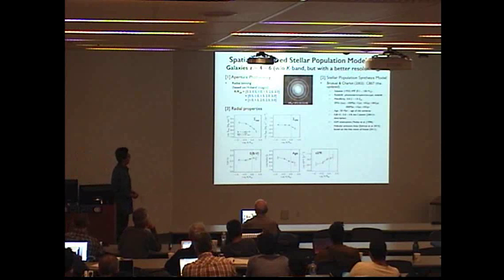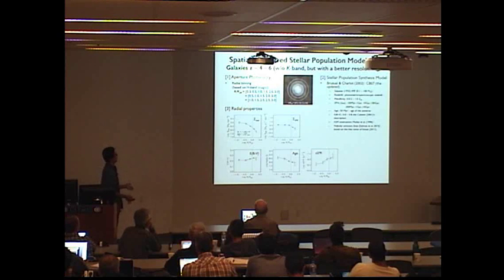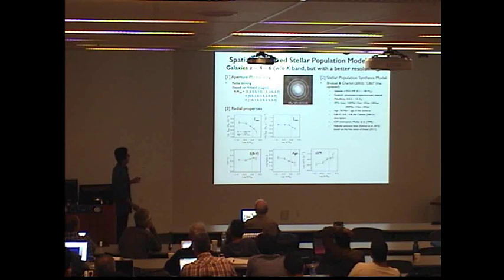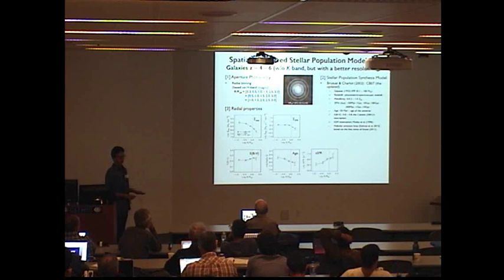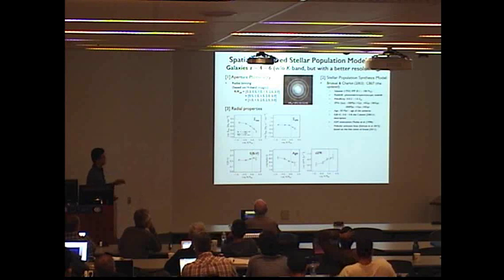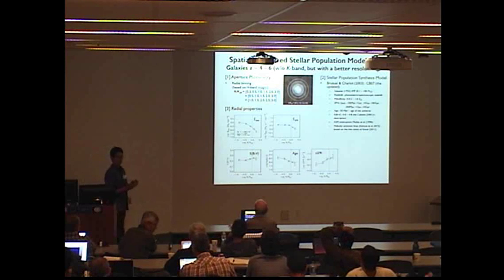So far I presented the results for the redshift 4 galaxies, but we also try to do this kind of analysis up to redshift 6 because we have those data. I would note that in this analysis the K-band data is not helpful anymore to constrain stellar mass, so I'm not using K-band data here, but take advantage of the better resolution from HST images, which have finer spatial resolution than the K-band data.